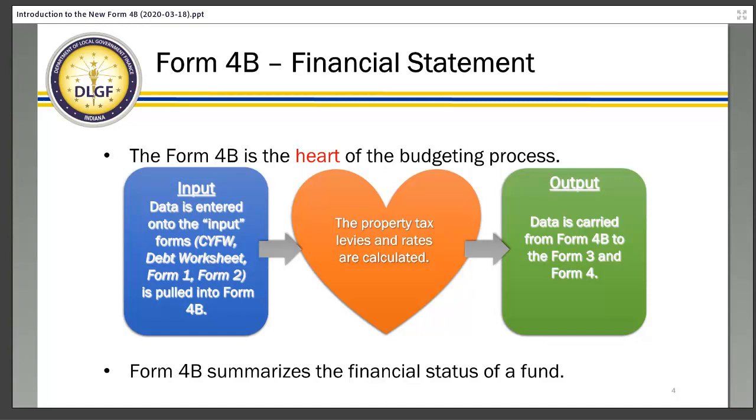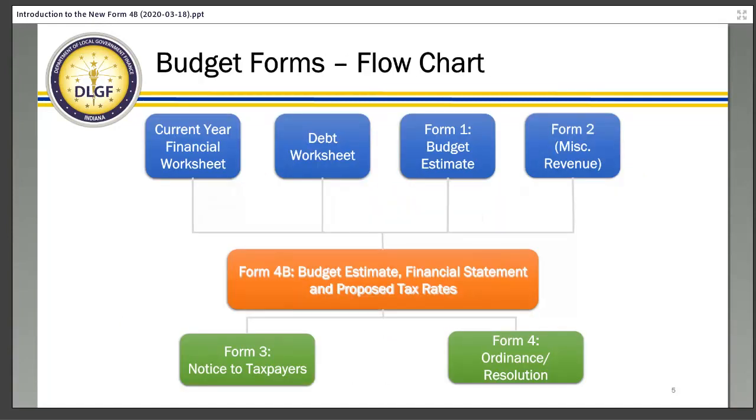In the 4B is where we're actually calculating the property tax levies and rates. Once we've calculated those levies and rates, we can take information from the 4B in order to populate our Form 3 or our Form 4. So the Form 4B is summarizing the financial status of the fund, but if you're looking for a snapshot to explain what we use it for, this is that snapshot.